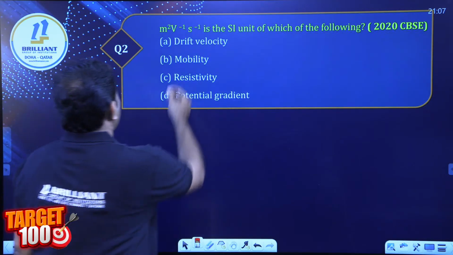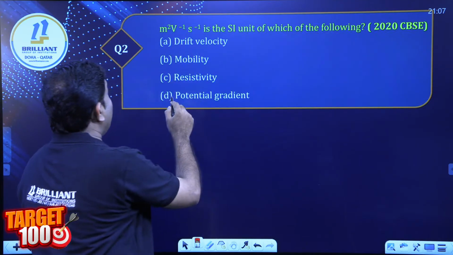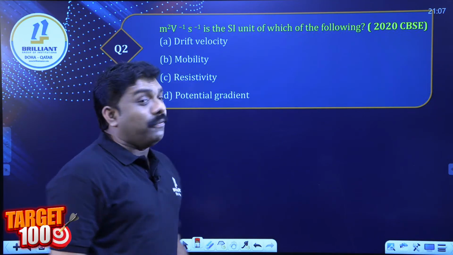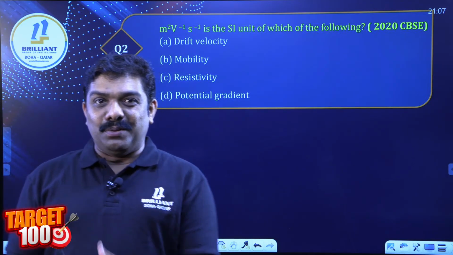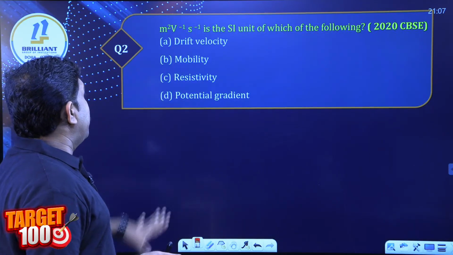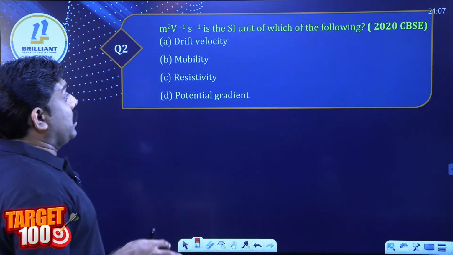So here the question is: meter square volt inverse 1 second inverse 1 is the SI unit of which of the following? The options are drift velocity, mobility, resistivity, potential gradient.